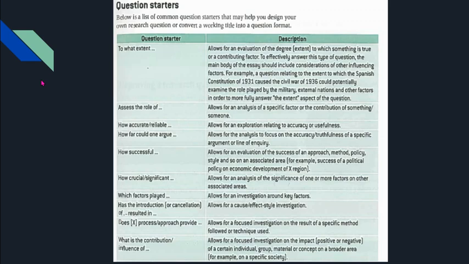Okay, to what extent means how much. So you'll see here it says, and it allows for an evaluation of the degree to some extent, to a large extent, to a small extent, to a considerable extent. Okay. Other ones, how successful is, what is the contribution or influence of. So have a read of just some of these sentence starters.